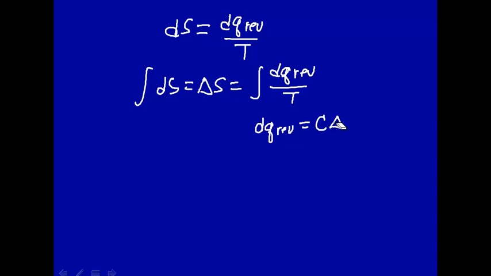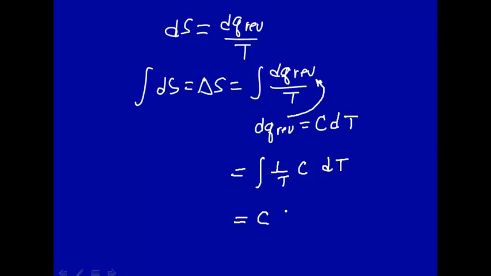Or since we're doing infinitesimal changes here, let me write this as dT. All right, so if that's the case, we can put that up there, change the variable of integration. So this now will be the integral of 1 over T times the heat capacity times dT. And let's make the assumption that heat capacity is a constant. We can pull this out of the integral.